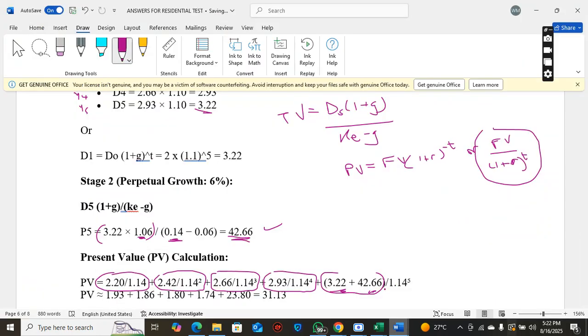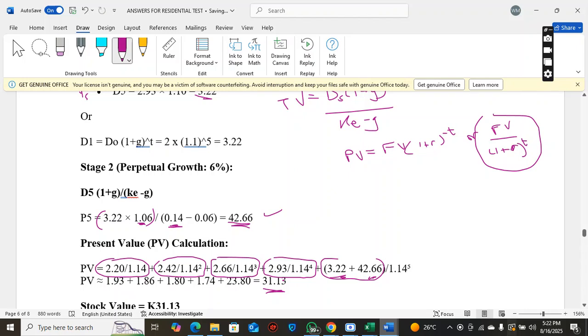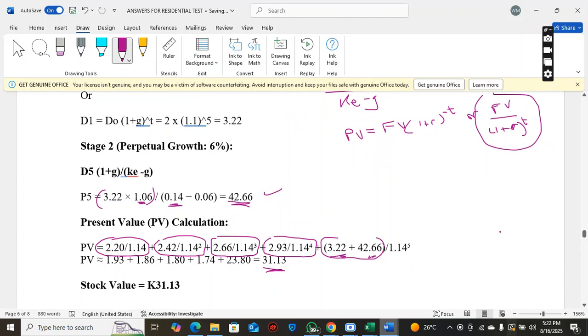So when we discount, when we do our tabulations, the value of the stock today is 31.13 kwacha. Any questions?